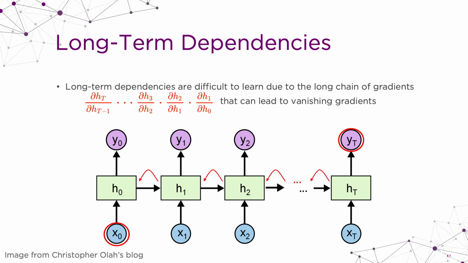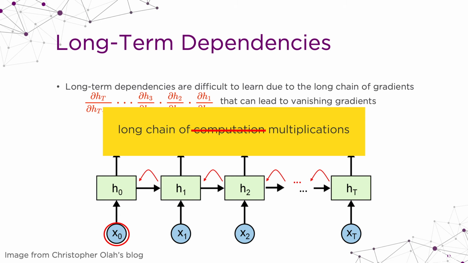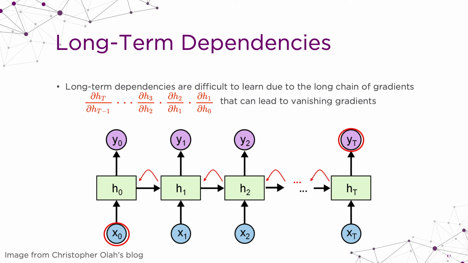And that basically results in a long chain of computation where every element is a gradient of the internal state with respect to the previous one. And we saw that this was leading to two problems, exploding gradient and vanishing gradient. We had a solution for the exploding gradient. We can just cap the gradient, but we don't have a solution for the vanishing gradient.